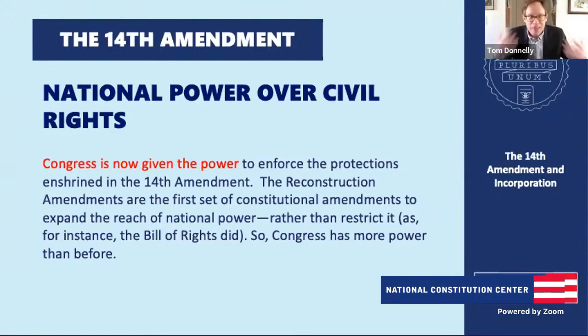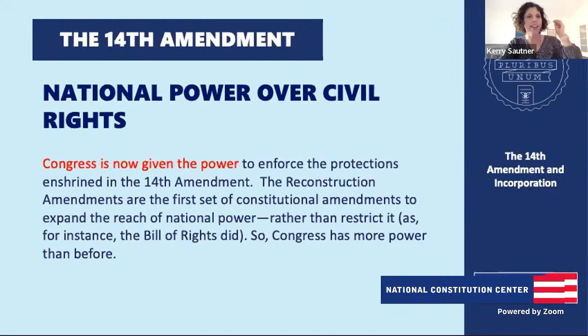And here, the key thing is that it has power to enforce these key protections in the Reconstruction Amendments. This doesn't solve the problem or debates over federalism. From then to today, we continue to debate how much power goes to the national government, how much power goes to the states. But the 14th Amendment and the Reconstruction Amendments as a whole rebalance that power so much, giving the national government more power and more responsibility than it had before.